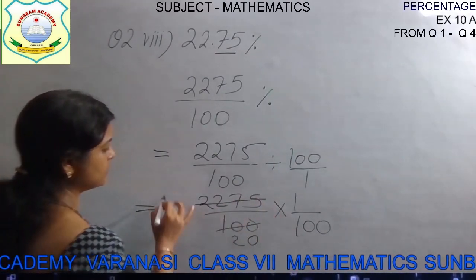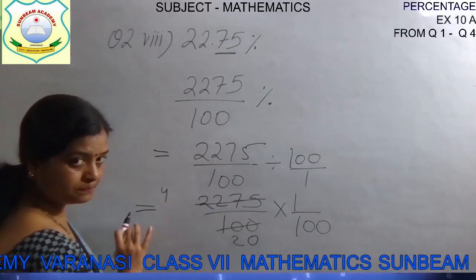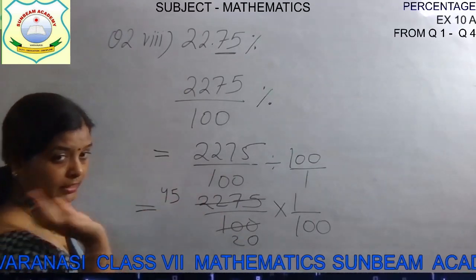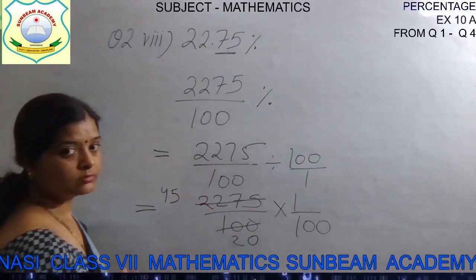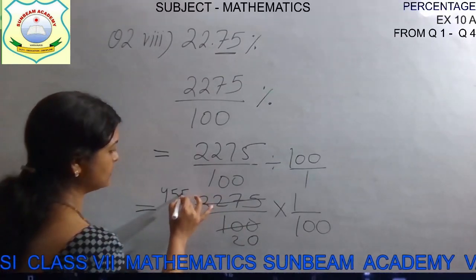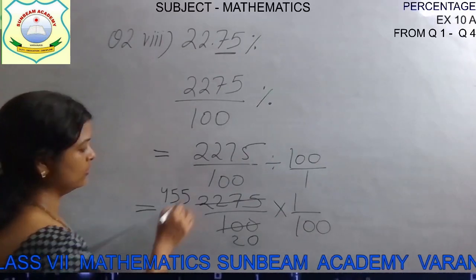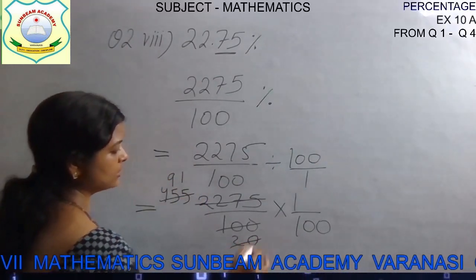When you cut this, 5 4s are 20, 2 is left. 27. Then 5 5s are 25, again 2 is left. And 25, 5 5s are 25. Still it can be divided by 5. 5 9s are 45, 5 1s are 5, and 5 4s are 20.